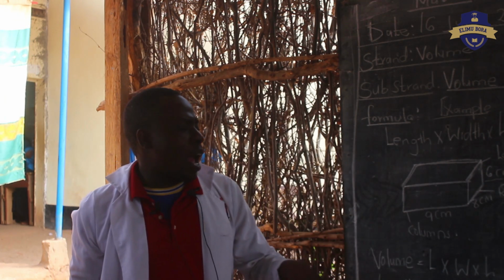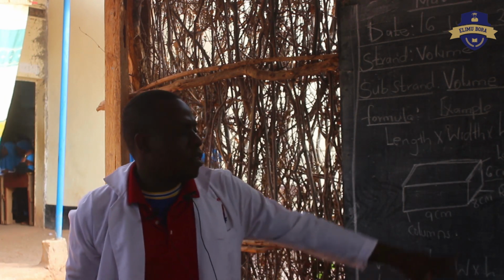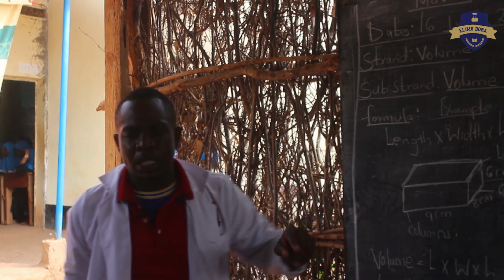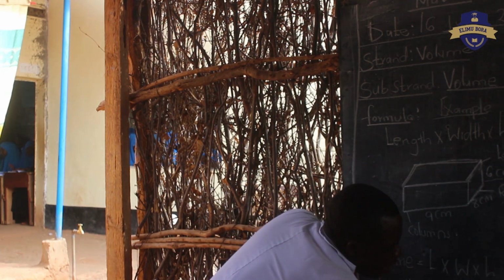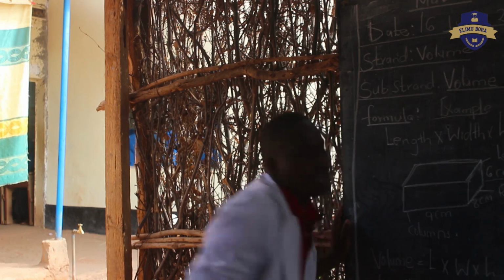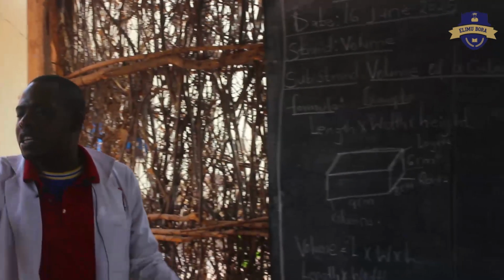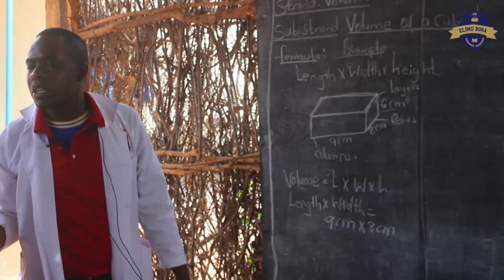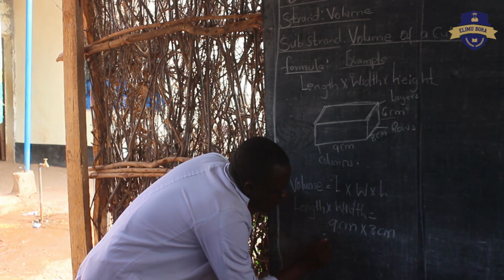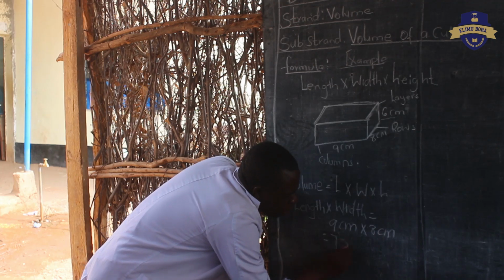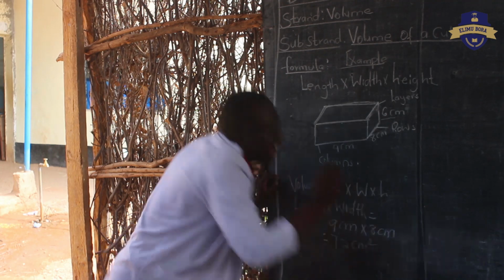When you multiply 9 centimeters times 8 centimeters, what are we supposed to have? Yes, 9 times 8 is 72. This is 72 centimeter square.